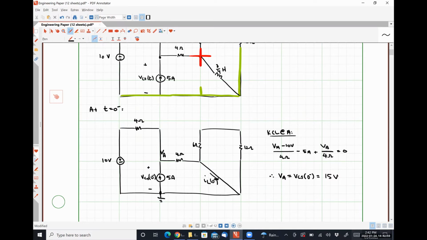All right. So working with VA, or VCS, equal to 15 volts, how do we determine IL at 0 minus? Right, so it's just VA over 4 ohms.